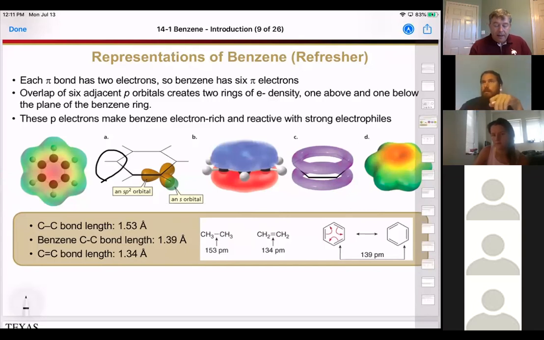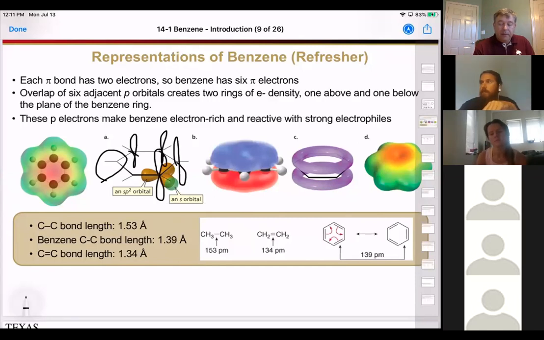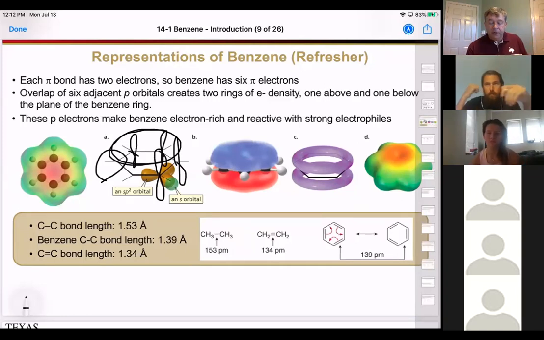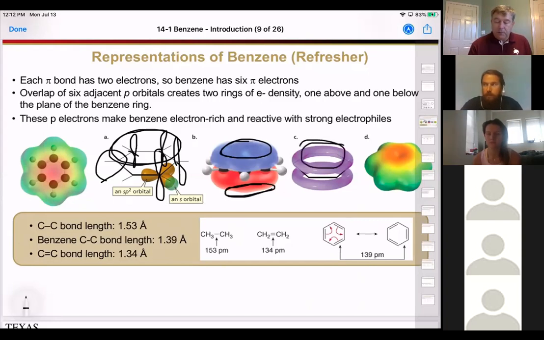Those unhybridized p orbitals sticking above and below the plane start to blend together, just like in the extended conjugation we saw in the butadiene system. They're planar and all of the same energy. And so we end up getting this cloud of electrons above the plane of the atoms and a cloud of electrons below. And that's why sometimes it's represented as this circle right here, because all those electrons are just moving around and around and around.